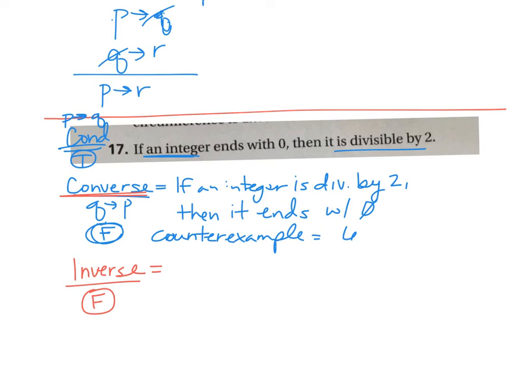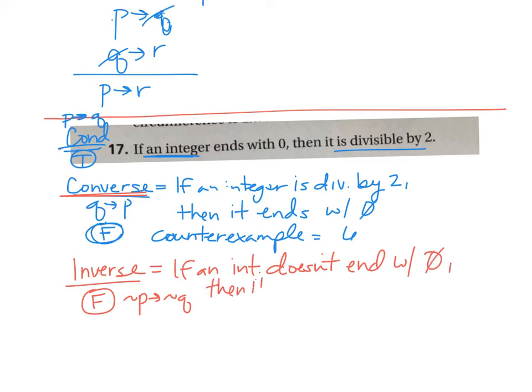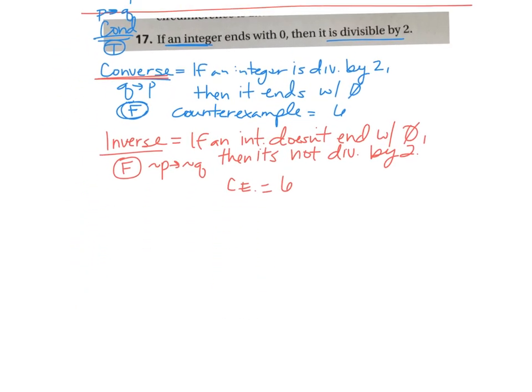So it's if not P, then not Q. So we would say if an integer doesn't end with 0, then it's not divisible by 2. Okay, so again, a counterexample to that could be the number 6 again, or you can pick a different counterexample, but that would be a counterexample.